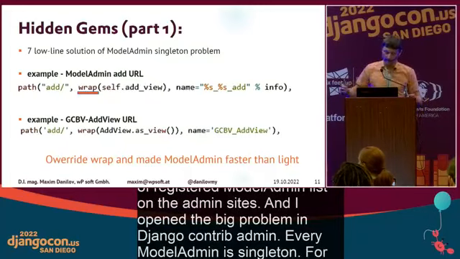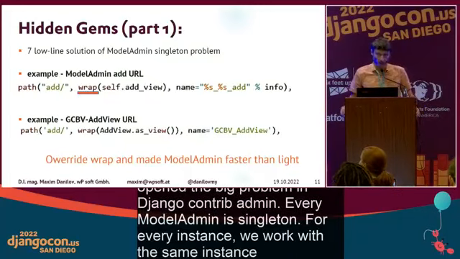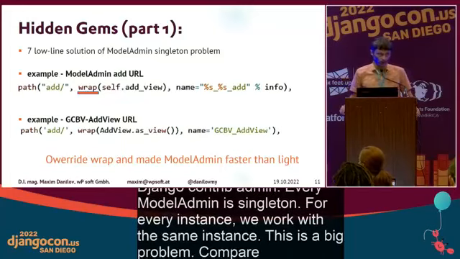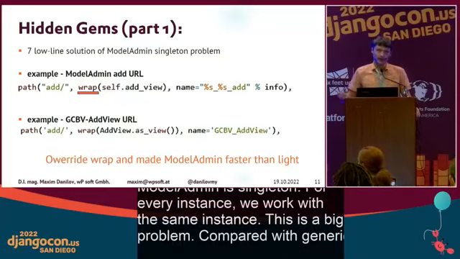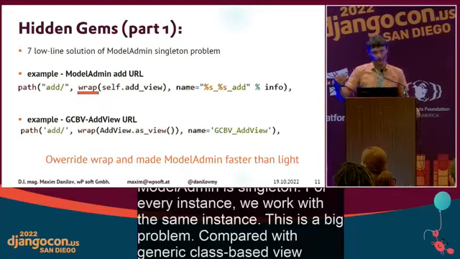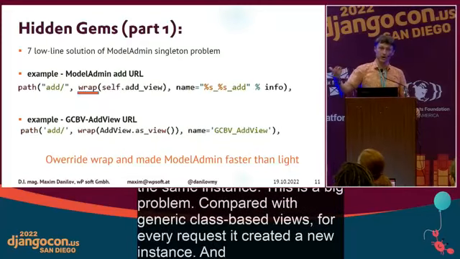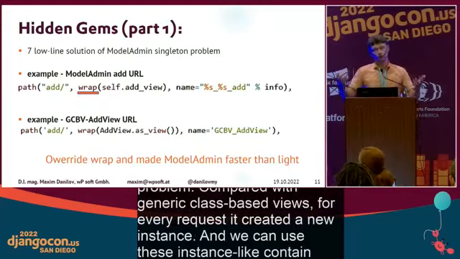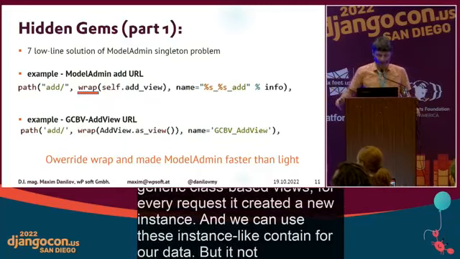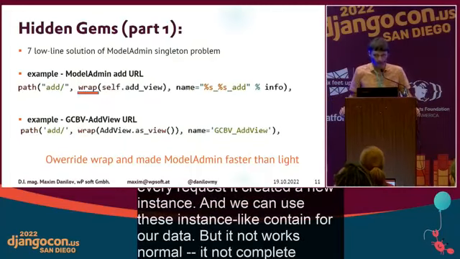In comparison, with generic class-based views, a new instance is created for every request, and we can use this instance like a container for our data. But it doesn't completely work in the model admin.